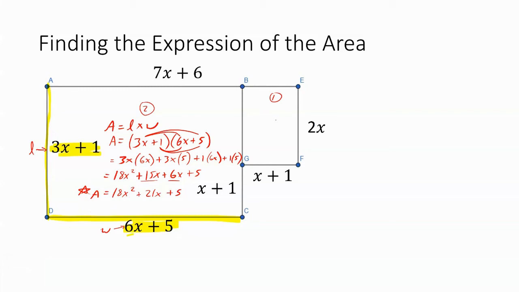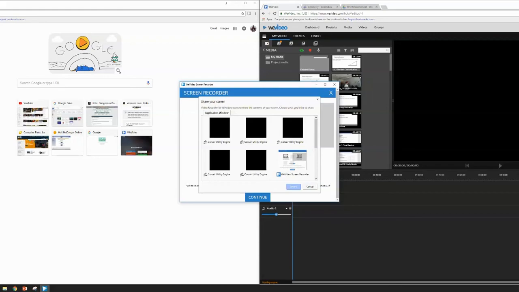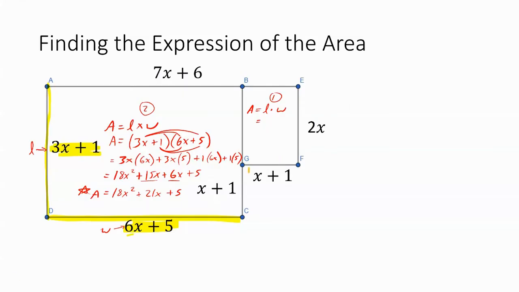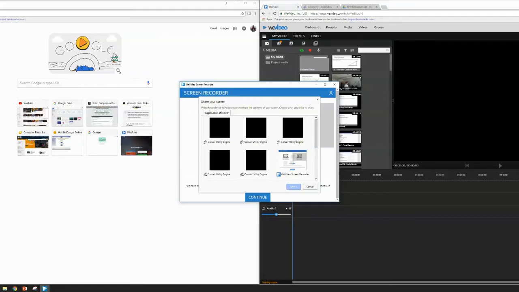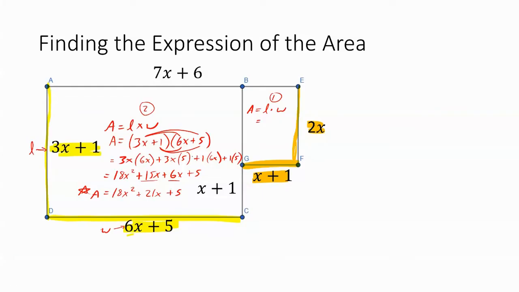Now we have to find the area for the smaller rectangle. Again, area formula is still the same, length times width. And I'll go ahead and use a different color code for the highlighter here so you can understand where I'm getting my numbers from. I'll use x plus 1 as my width and 2x as my length.